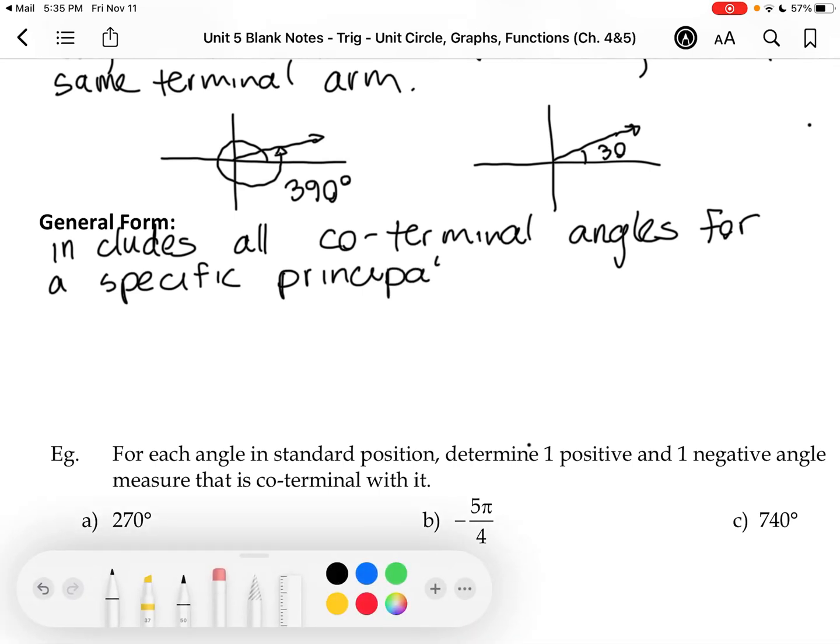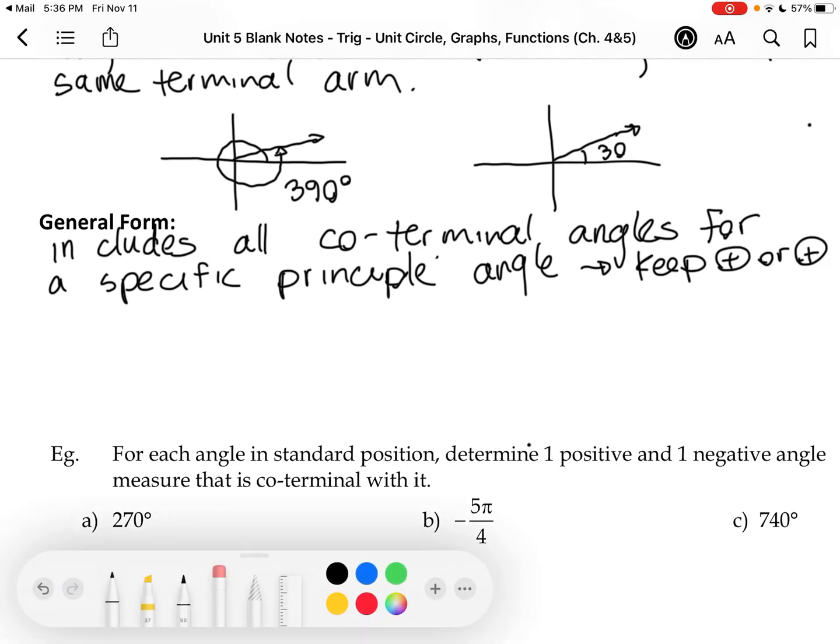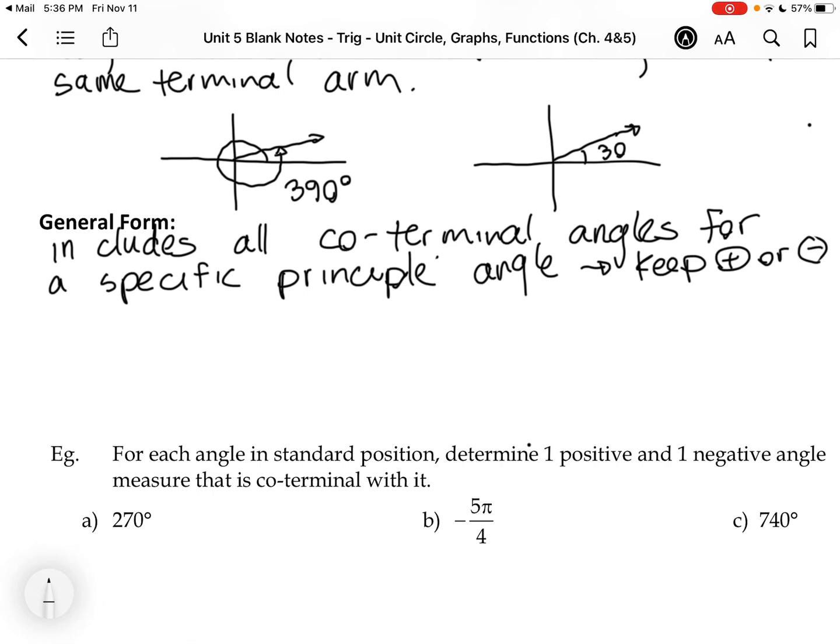To get those coterminal angles, essentially what we do is we keep adding or subtracting full rotations.